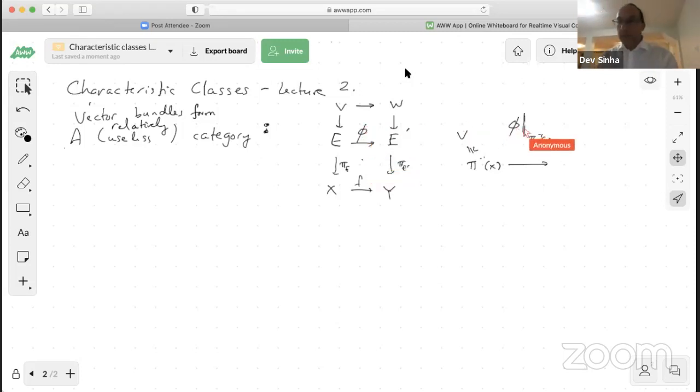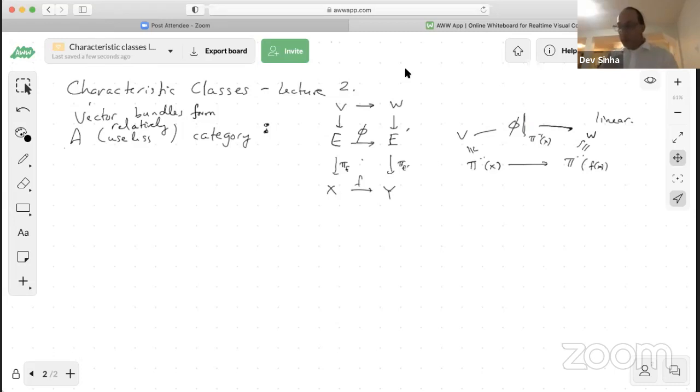So if I restrict to a fiber, and over here, of course, you're mapping to F of X, and so that's W, then I want this composite to be linear. Because of course the linear structure is what we emphasized in the basic definition.